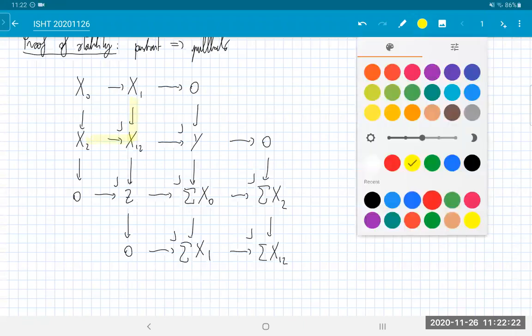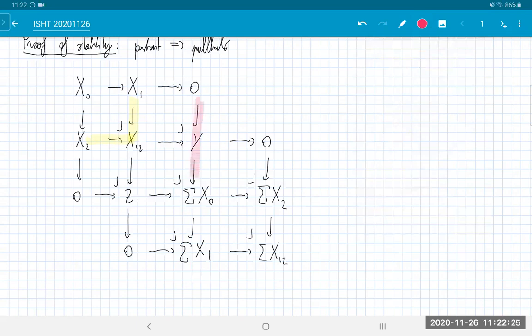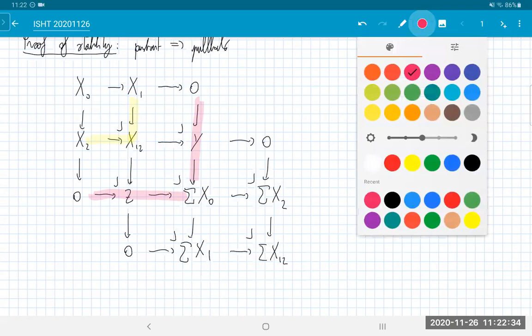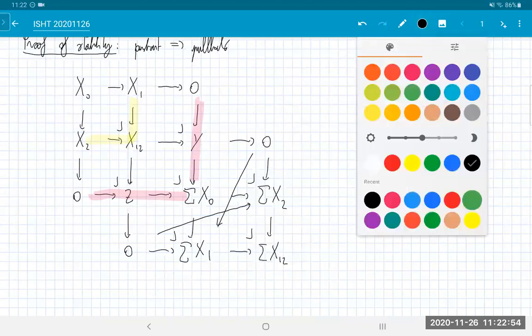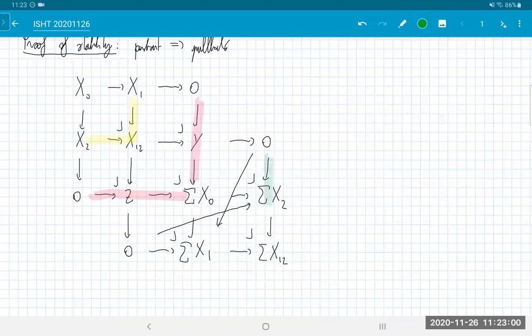So there's this, there's this, and then there's this one. Notice that we also have arrows like this because 0 is the initial object. So I have these arrows here. That's just not doing much, but I'm going to need it for the third piece of the diagram. Take an orange. And that's the trickier one, perhaps.